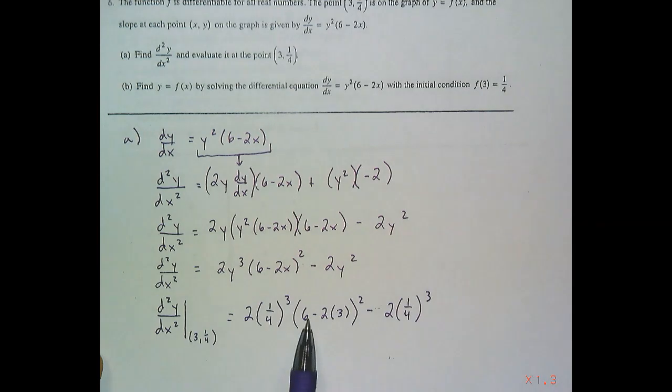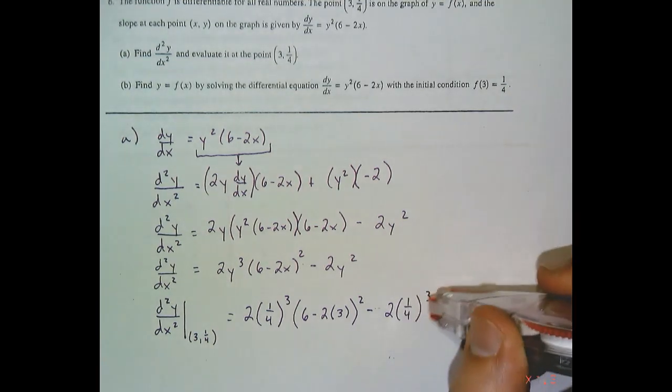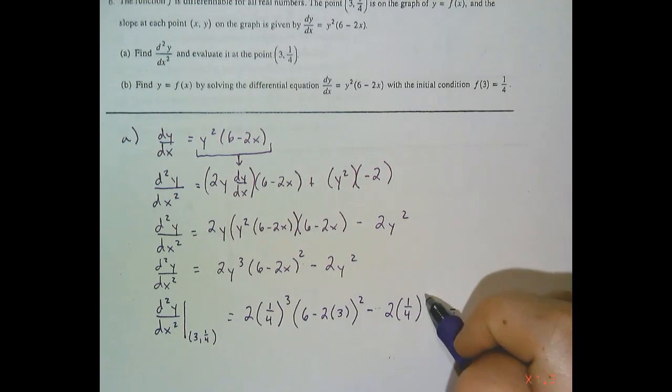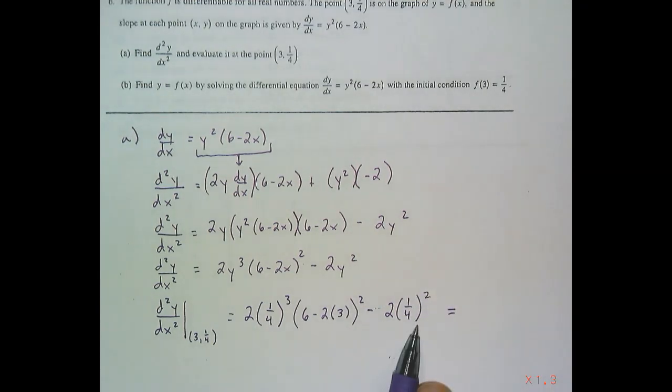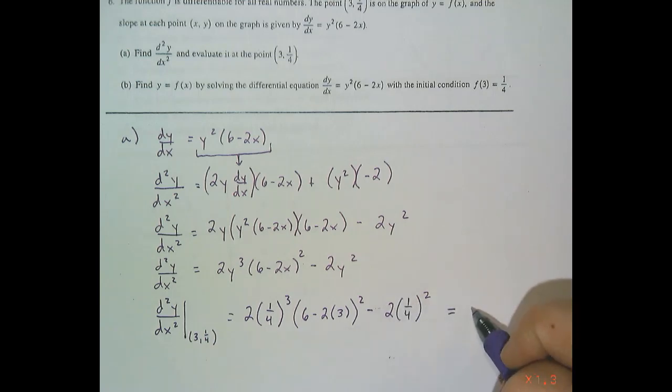If you'll notice right here, 6 minus 6 is 0, so this whole first piece is equal to 0, and we're left with just the 2 times 1/4. I don't know why I wrote the third power there. 1/4 squared. So 2 times 1/4 squared, and the negative comes along, so we get negative 1/8.